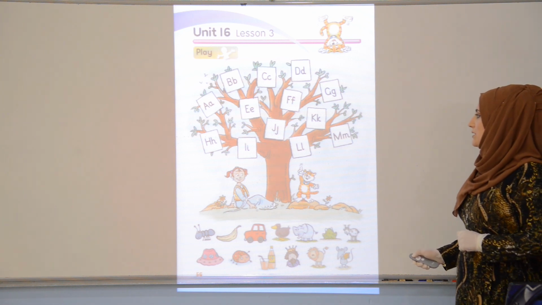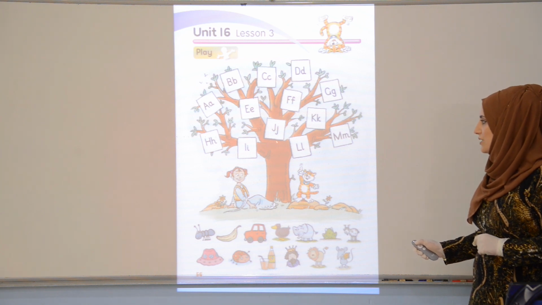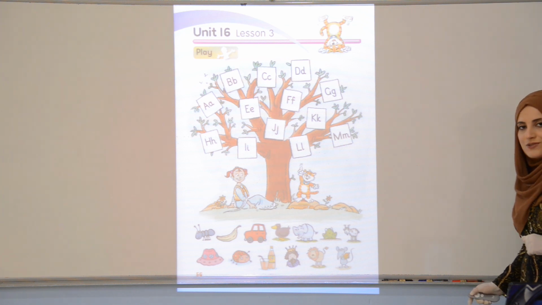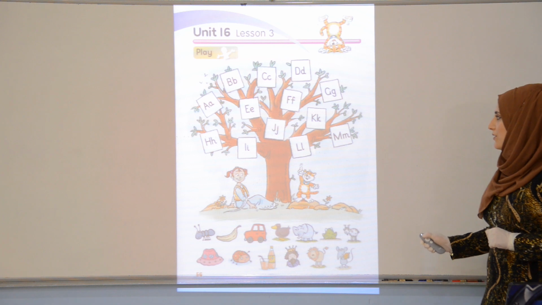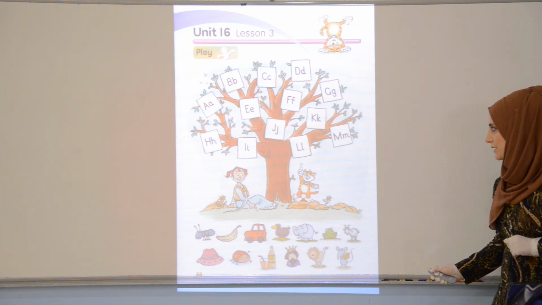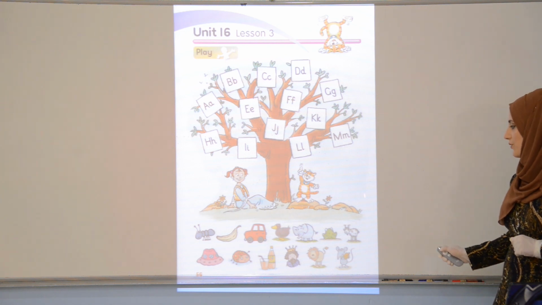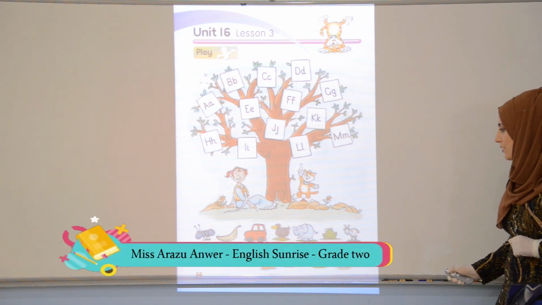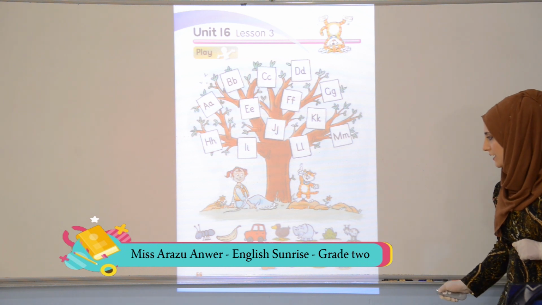For example, Avin says J for juice. Yes, very good. So in this way they are playing this game, okay? We can point to the letters and to the pictures. For example, M for mouse, G for goat, K for king.